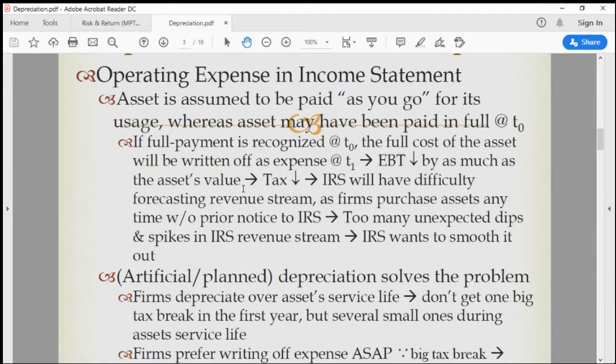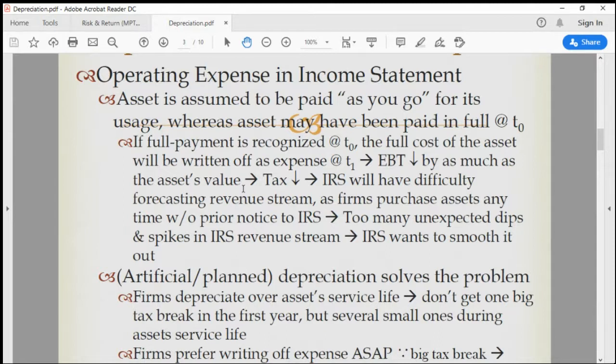Suppose your expenses are zero, and suppose you have no debt, so you don't pay any interest. What does that make the EBIT? And what does that do to EBT? In other words, your entire income becomes taxable income, right? Your entire gross income becomes taxable income.